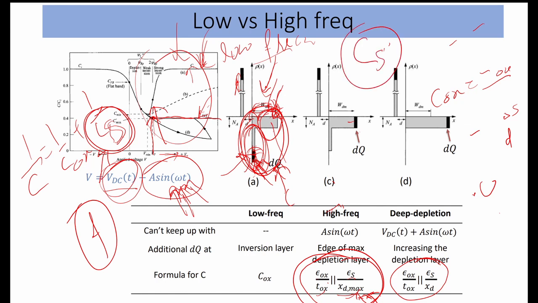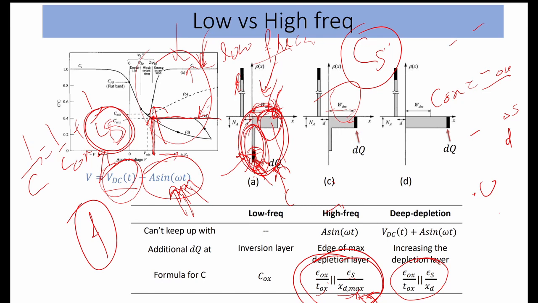Minimum capacitance is reached when the depletion region width is maximum. This is the maximum and this is the minimum at this point. From this we can calculate the threshold voltage. We can calculate the maximum depletion region width from the CV graph, how much the maximum depletion region width can be.